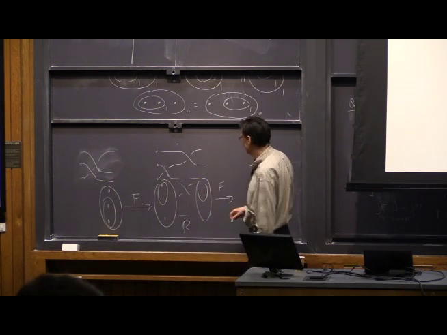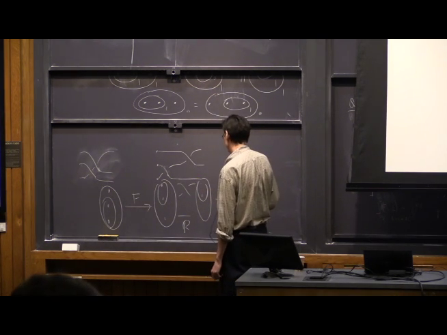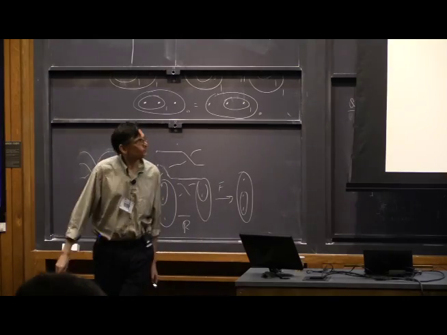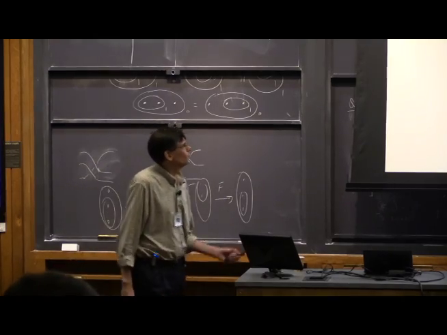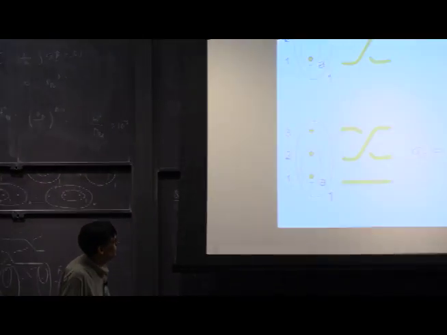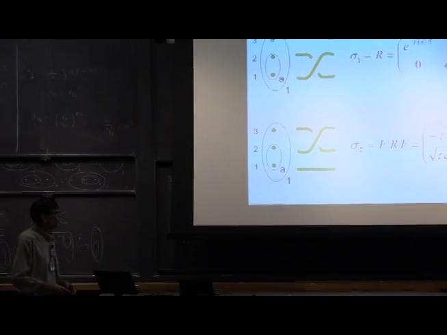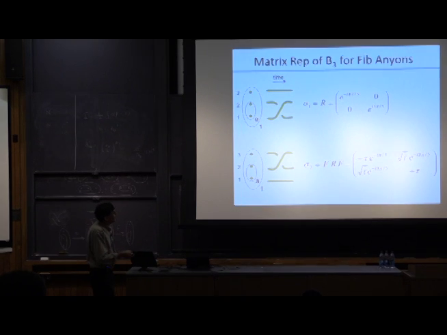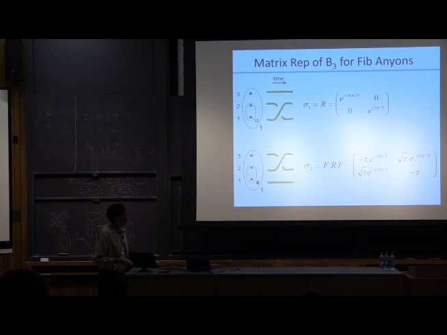F is its own inverse, so I'll just write F instead of F dagger. Doesn't matter. So sigma 2 is the matrix product FRF, which is not terribly important. It has this form here. Tau is the inverse of the golden mean.